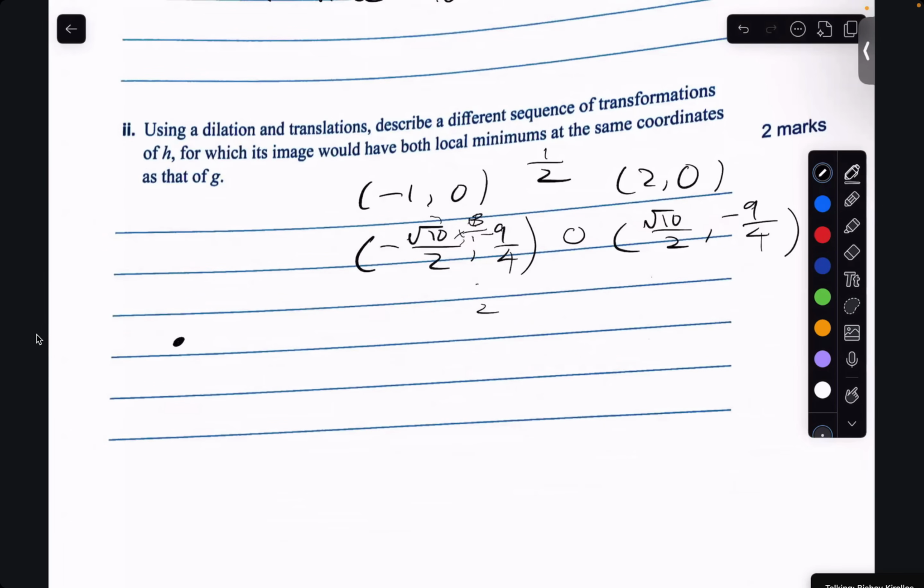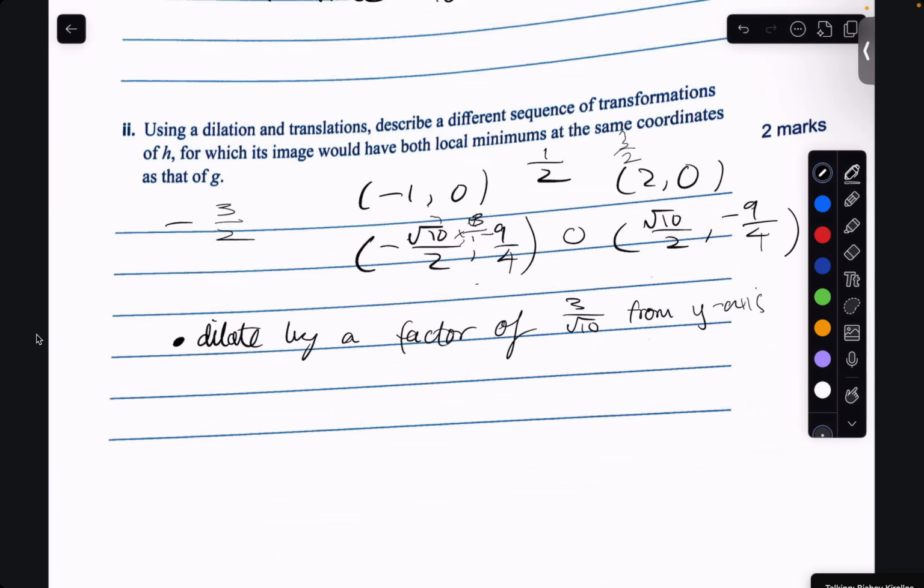So dilate by a factor of 3 on root 10 from y. Just to check, that would turn this into negative 3 on 2, and that would change this to positive 3 on 2.